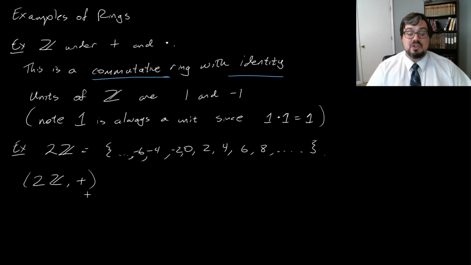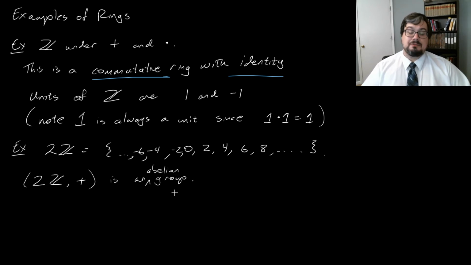Addition is certainly associative on this set because it's associative on the integers, which this is a subset of. It has an additive identity of 0, and every element has its additive inverse because the negative of an even number is an even number. So that means that 2Z with addition is a group, an abelian group.